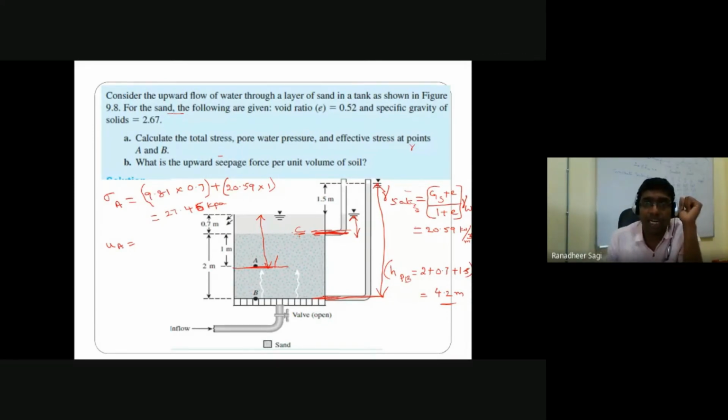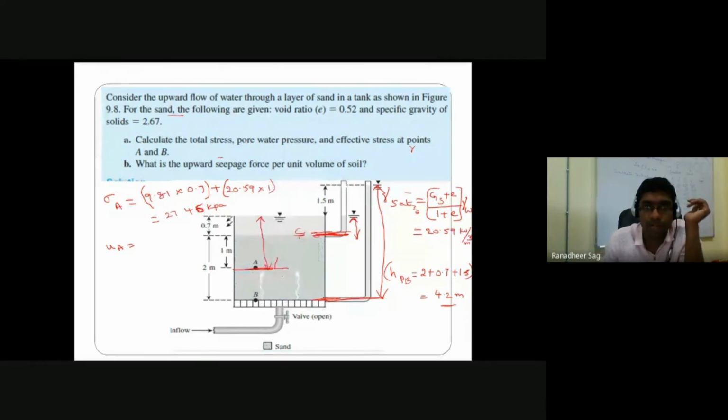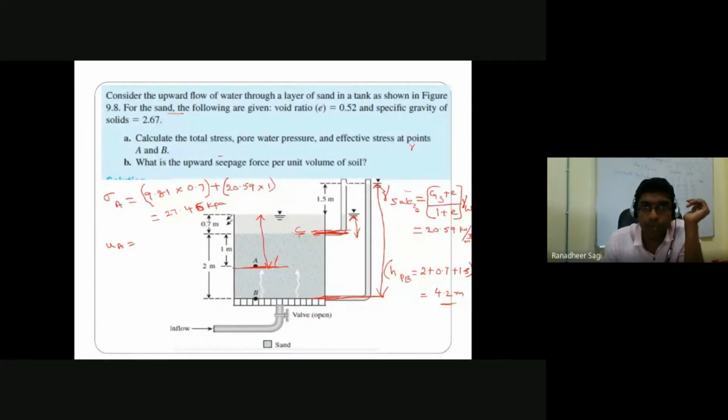So if the pressure head at point C is 0.7 meter and the pressure head at point B is 4.2 meter, what will be the pressure head at point A position? If a standpipe is inserted here, water would rise in that standpipe to some particular height like this. To what height will it rise?